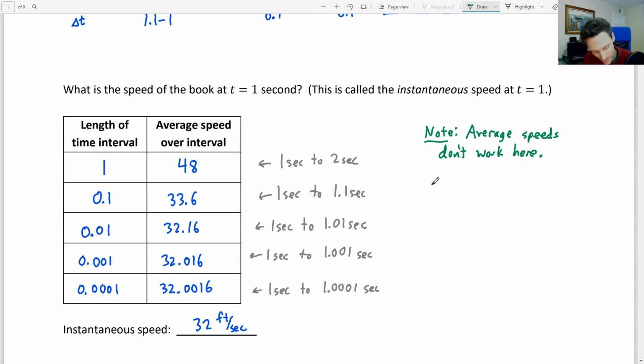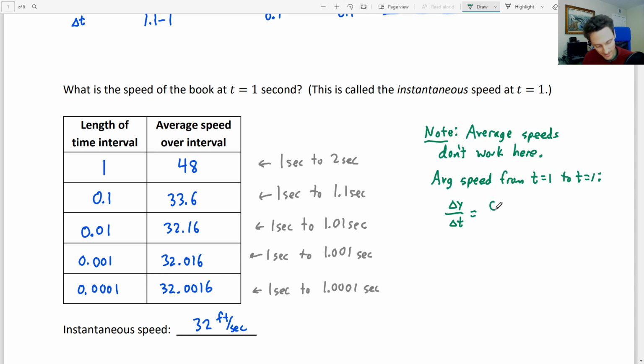So the average speed, if we were to try to calculate it from t equals 1 to t equals 1, right? That's what we'd have to do if we were going to have a 0-second time interval, and have to go from t equals 1 to t equals 1. If you try to do an average speed calculation of the change in position over change in time, well, there wouldn't be any change in the distance.